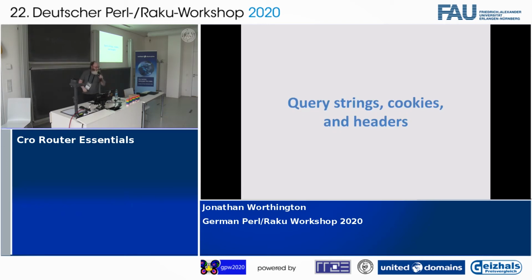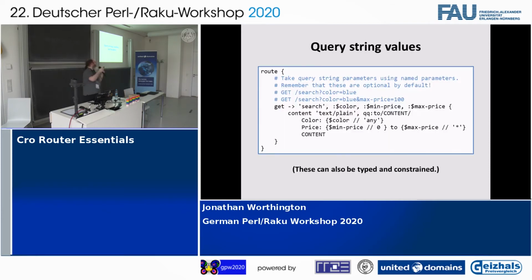Query strings, cookies, and headers. So if route segments are positional parameters, then query string parameters must be named. Okay, so we just say that colon there, that's a named parameter. This will be populated from the query string.